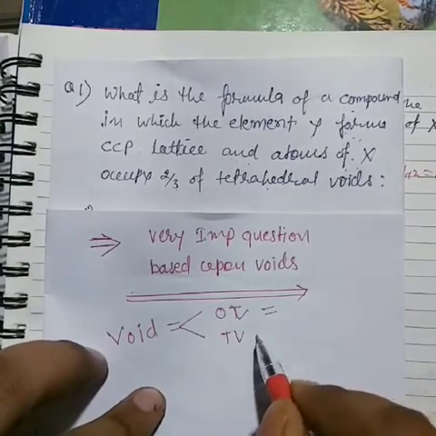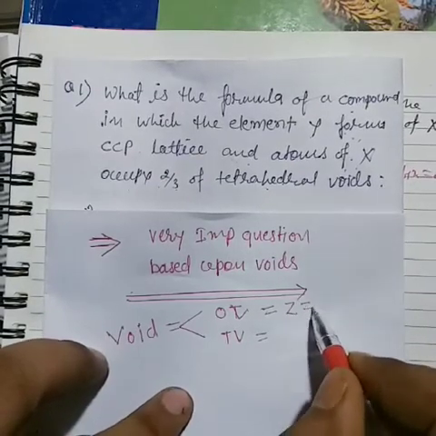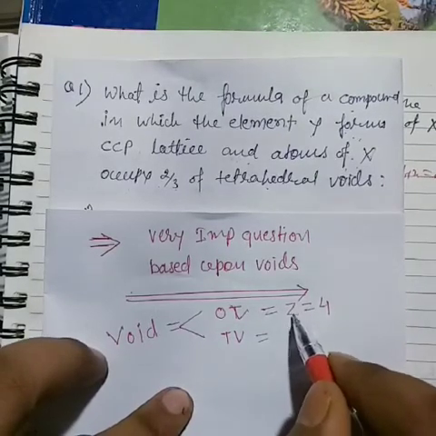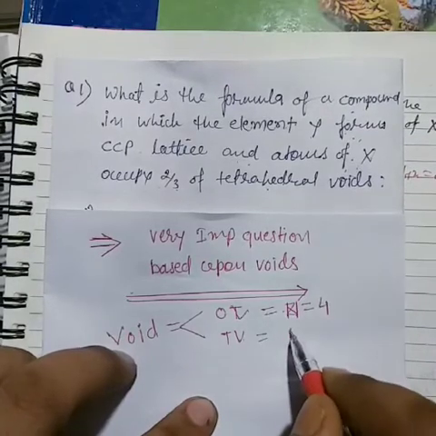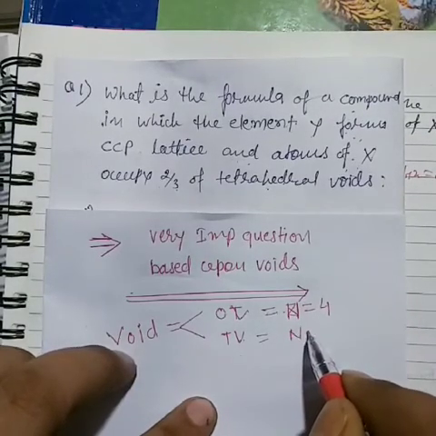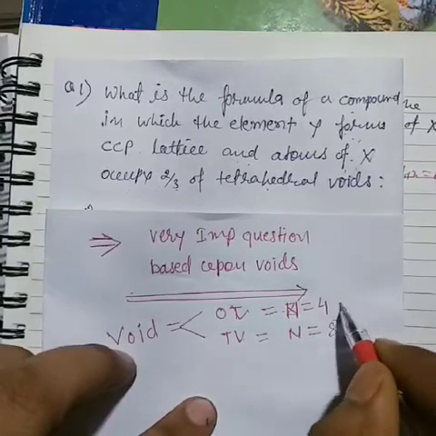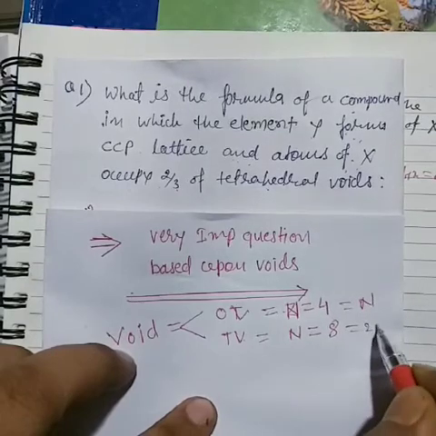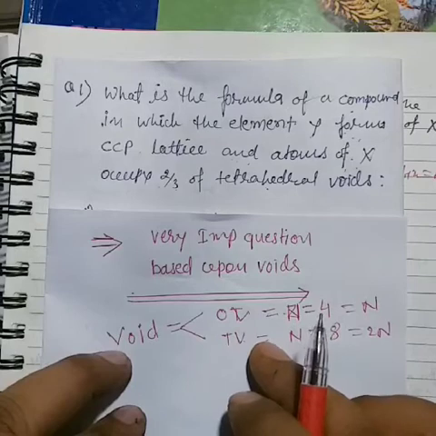For octahedral voids, the number per unit cell Z, or N, is equal to 4, and for tetrahedral voids it is 8, that means 2N. So I give you the complete data here.